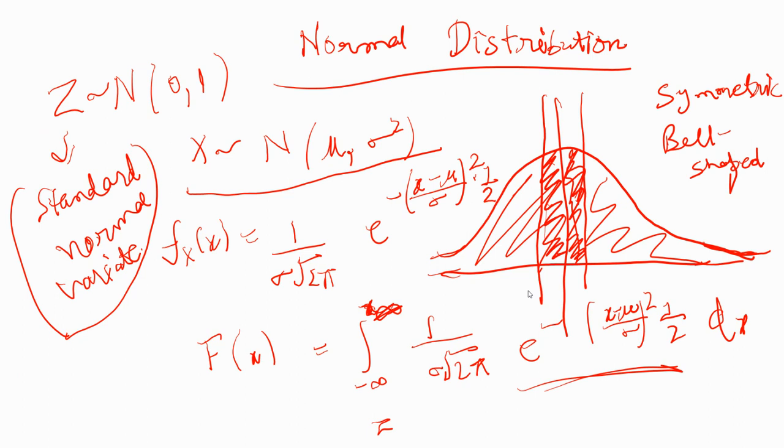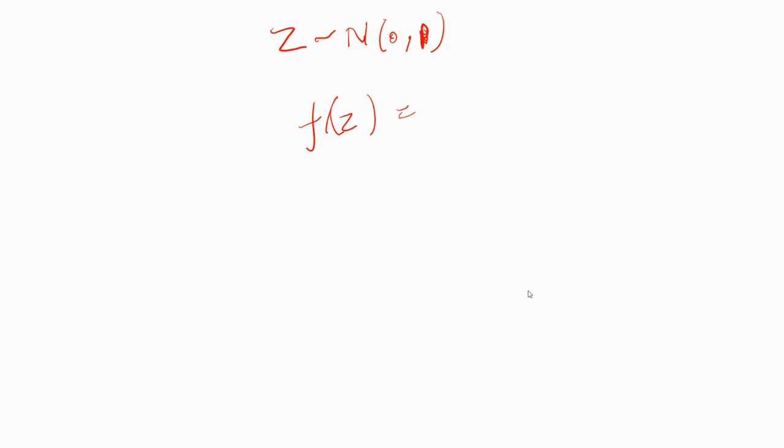Okay, let me first tell you how we do conversions. If you have F of X and F of Y, let's say you have two functions and one function we can write in terms of the second function.